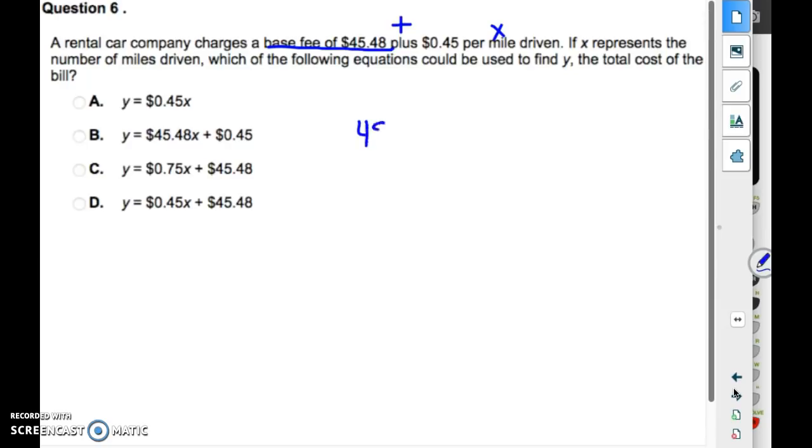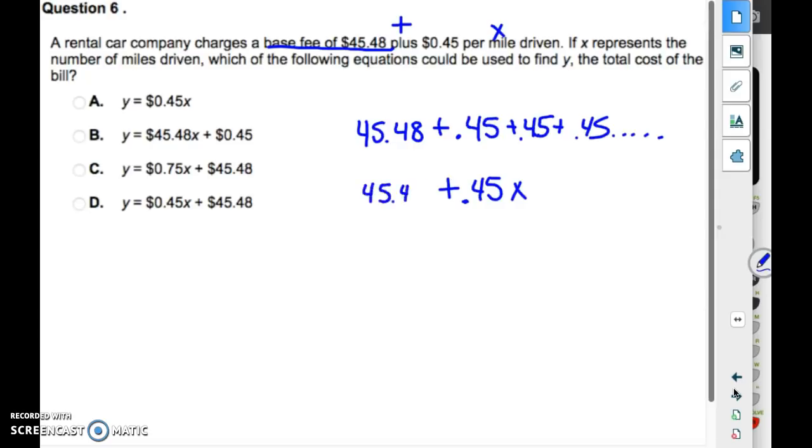Well, it's $45 for a flat fee, plus they have to spend 45 cents for every single mile that they drive, and we aren't really sure how many miles there are. So that converts into 0.45 times the number of miles, because that goes on forever. So all we have to do is pick our answer choice that matches this. And they wrote it backwards, so be careful where the X is.